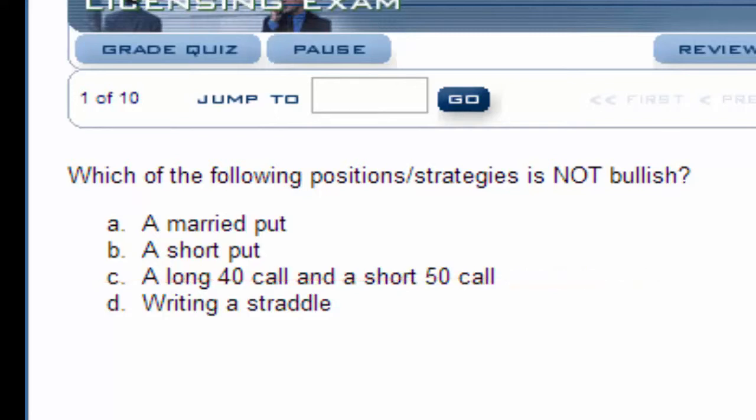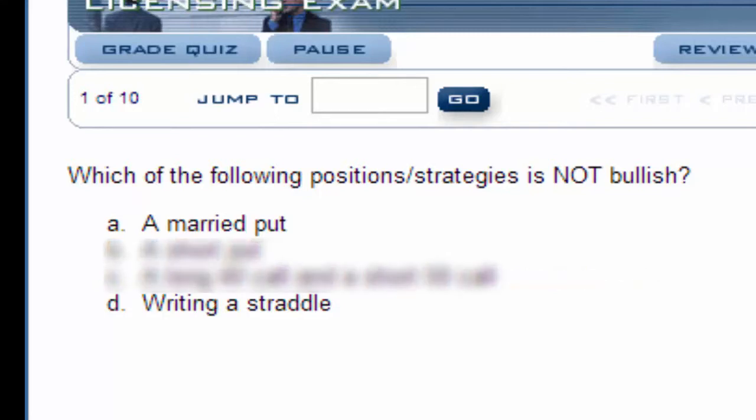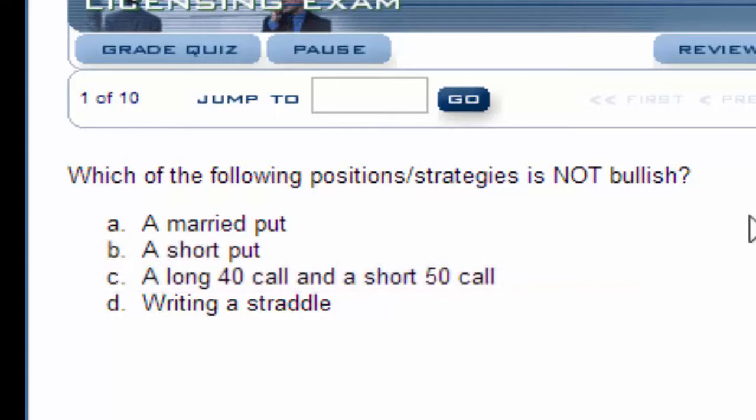Well, just like the real exam, I've managed to narrow it down to either A or D. In other words, I've narrowed it down to two potential choices. So which one is not bullish? Well, again, I'm going to look and see if I know which one of these is bullish. Is it married puts or writing a straddle? Well, again, you need to understand the options trades in order to answer the question.